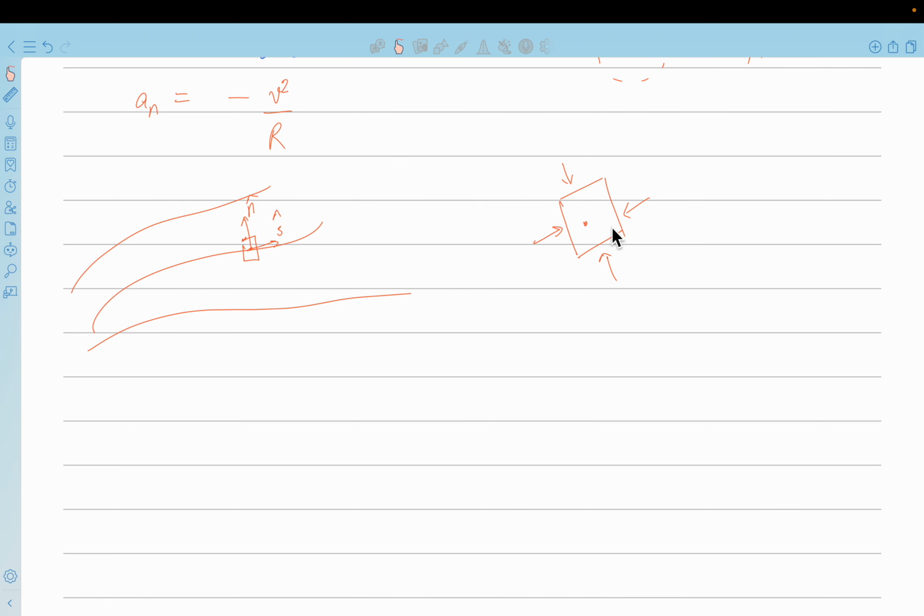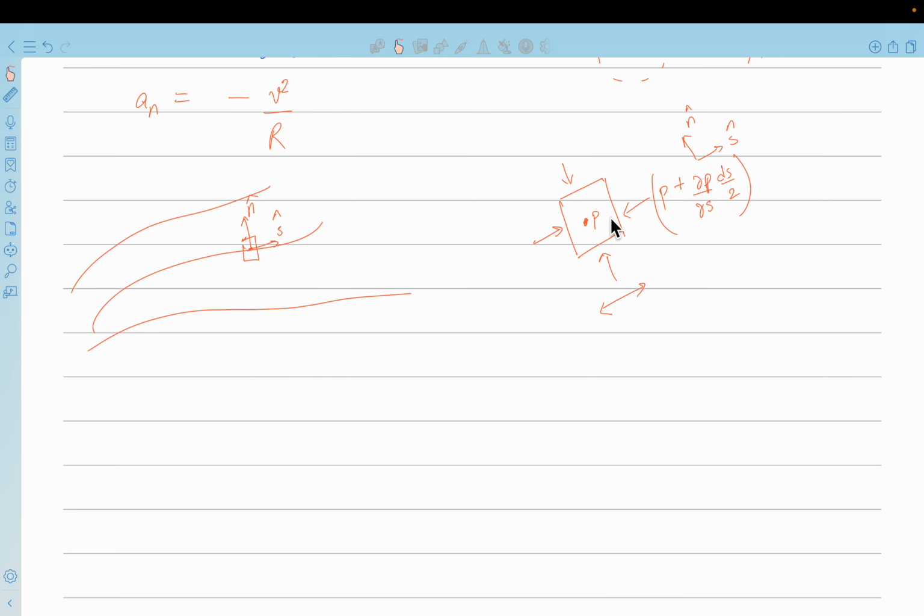So here I can say, let's say at this center the pressure was P, and remember this direction is S cap and this direction is N cap. So if I go forward in S cap, I'll say the pressure increases, and let's say it is P plus dou P by dou S into, so this length was ds, so I have gone forward only by half of ds. Okay, so this is P plus dou P by dou S into ds by 2. That is the increase in pressure as I move forward.